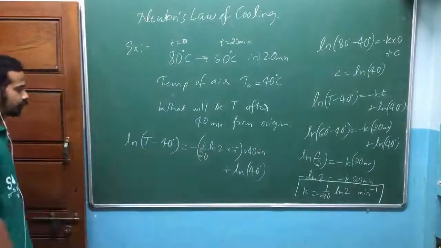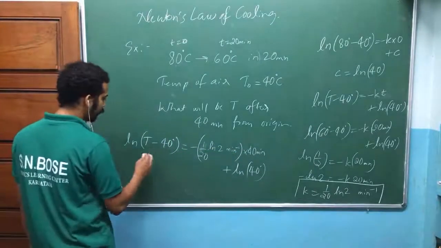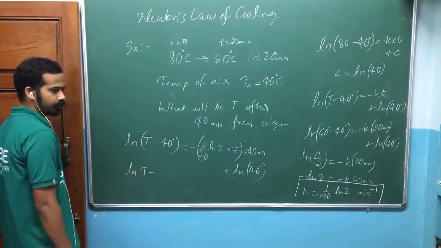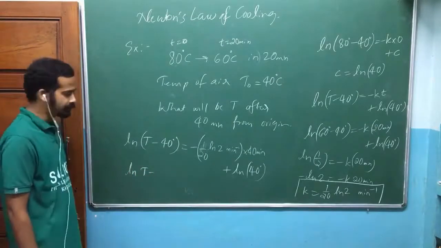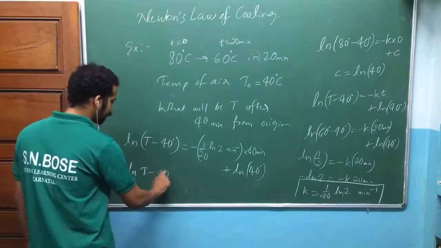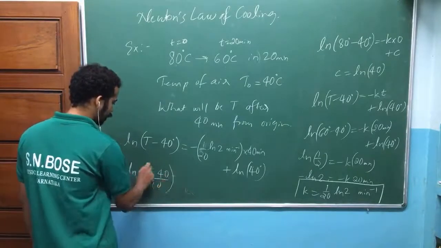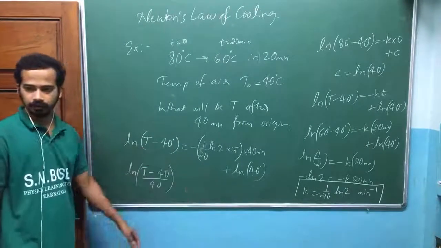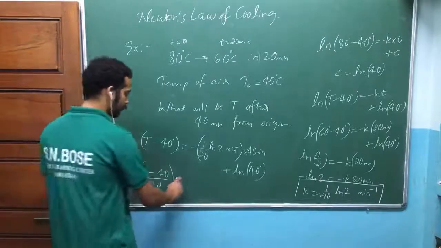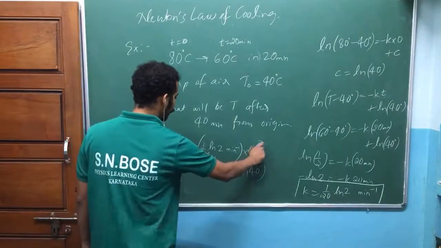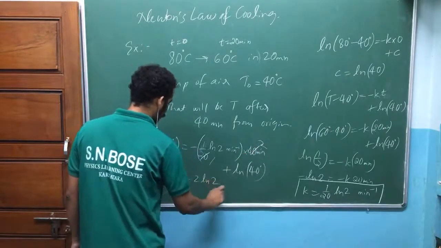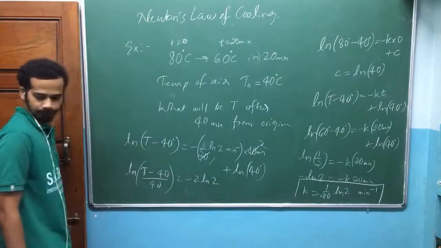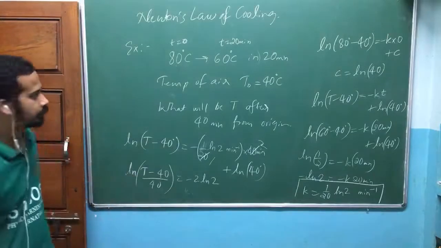So take this log 40 here. ln of (T minus 40) minus log 40, log a minus log b, is ln of (T minus 40) divided by 40, which is equal to minus 2 log 2. From this equation you can find T.